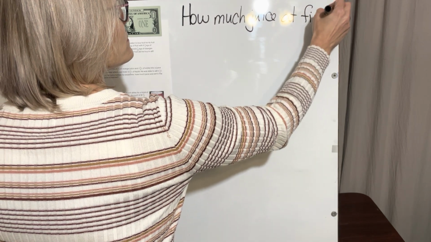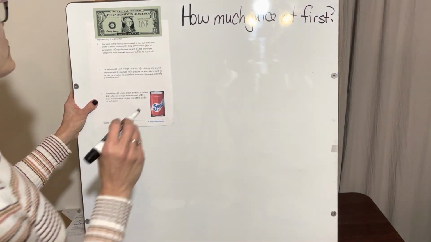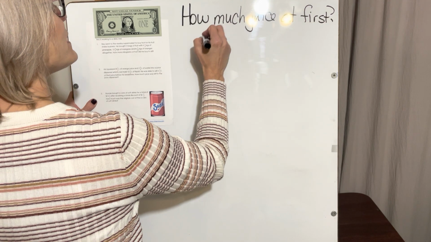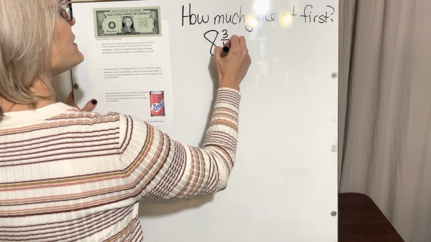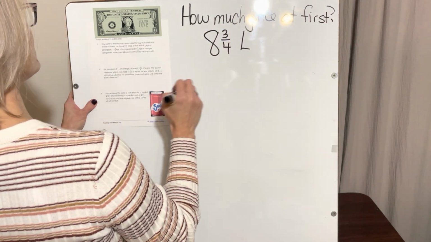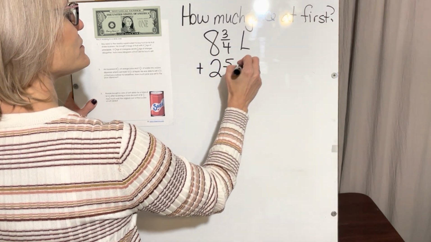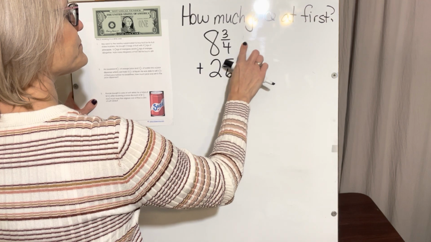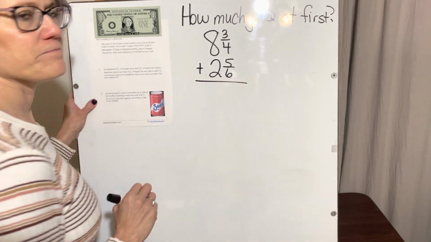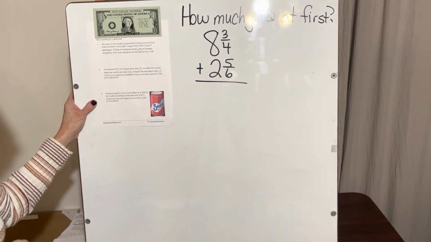I don't know that yet. So I'm going to add the 8 3/4 liters plus the 2 5/6 liters. Okay, so that's my first step.